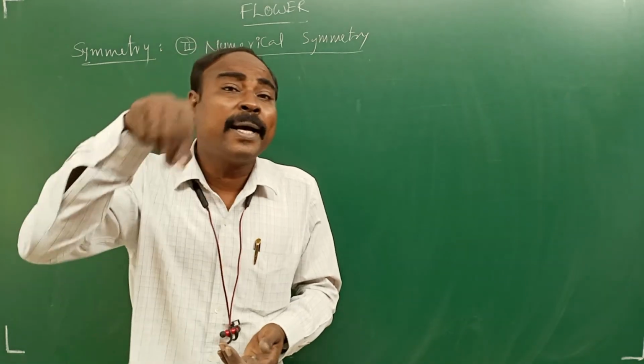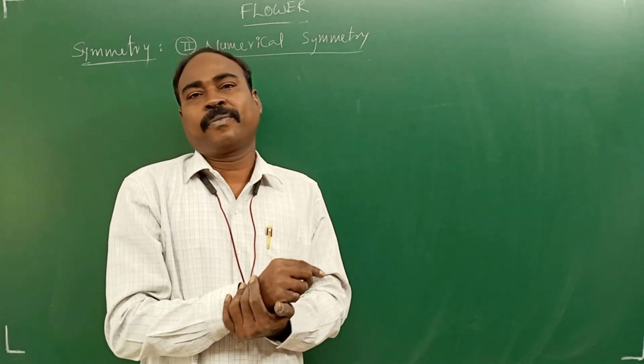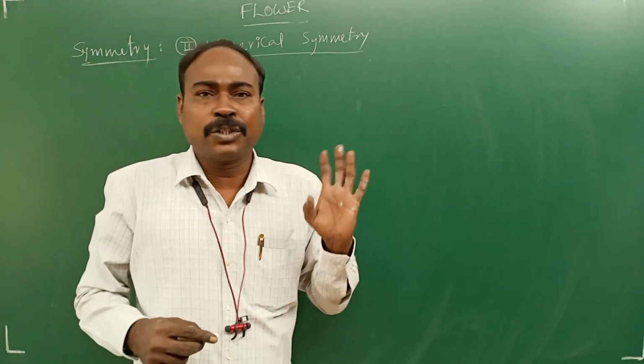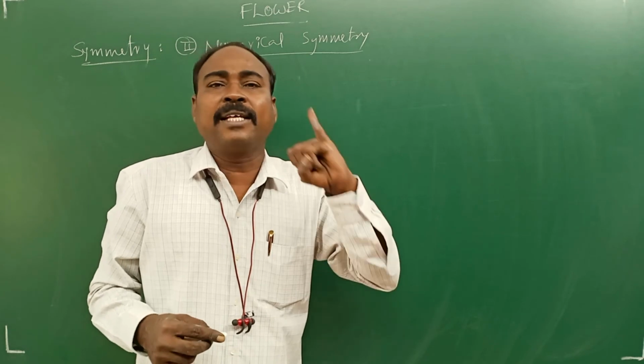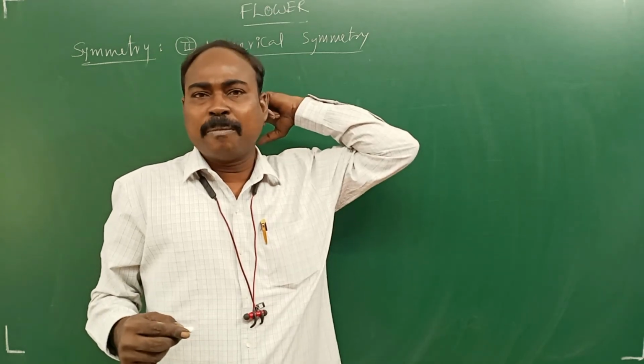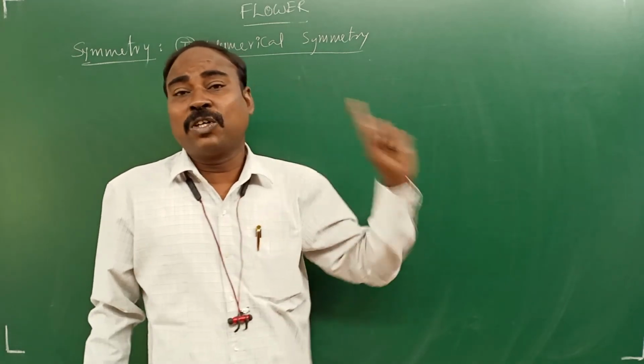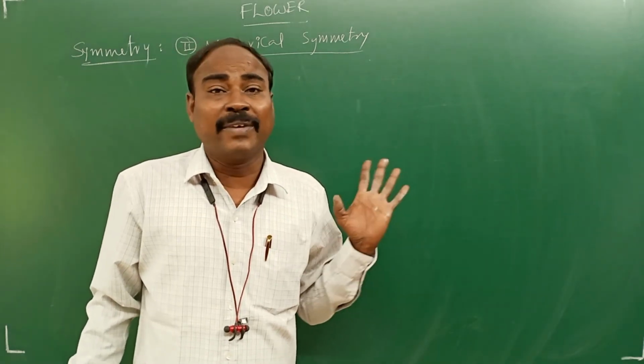Based on the number of floral leaves, generally calyx and corolla, not androecium and gynoecium, the numerical symmetry was given.